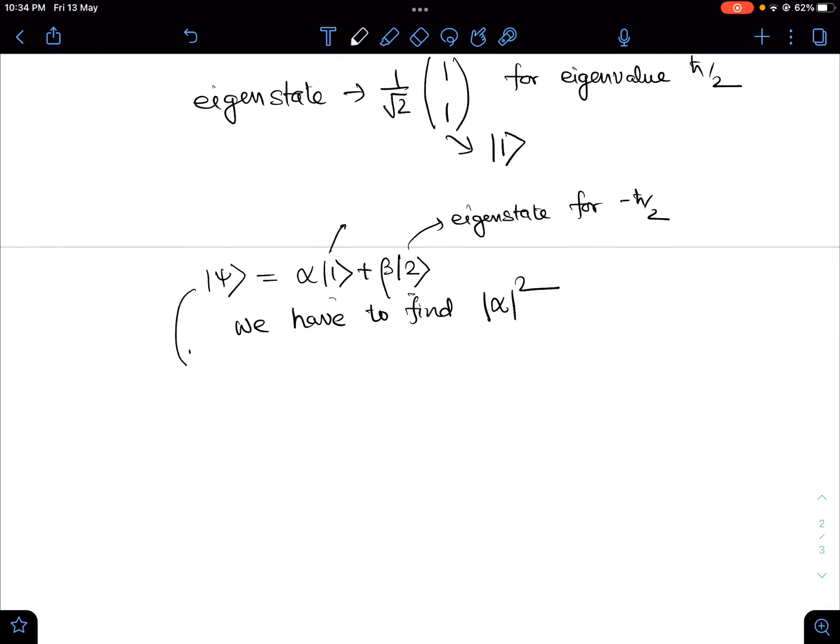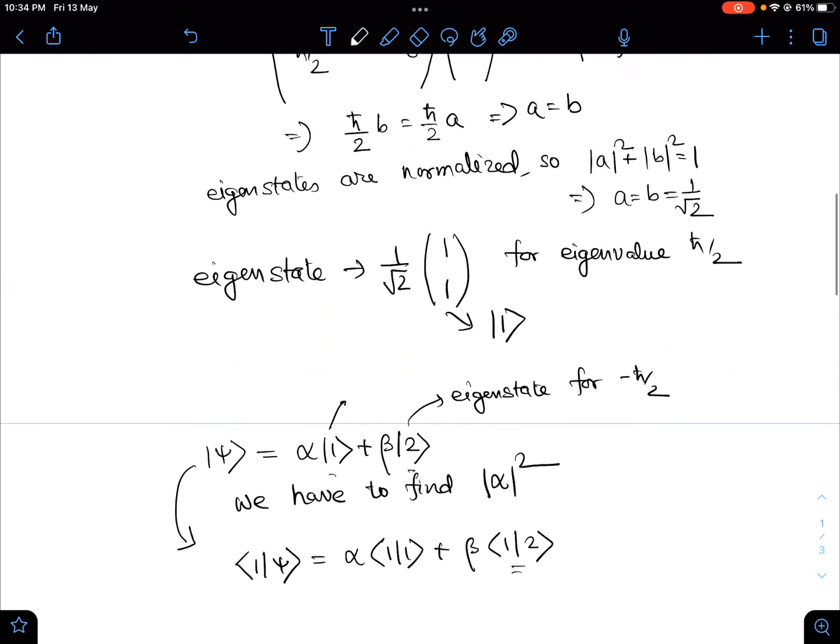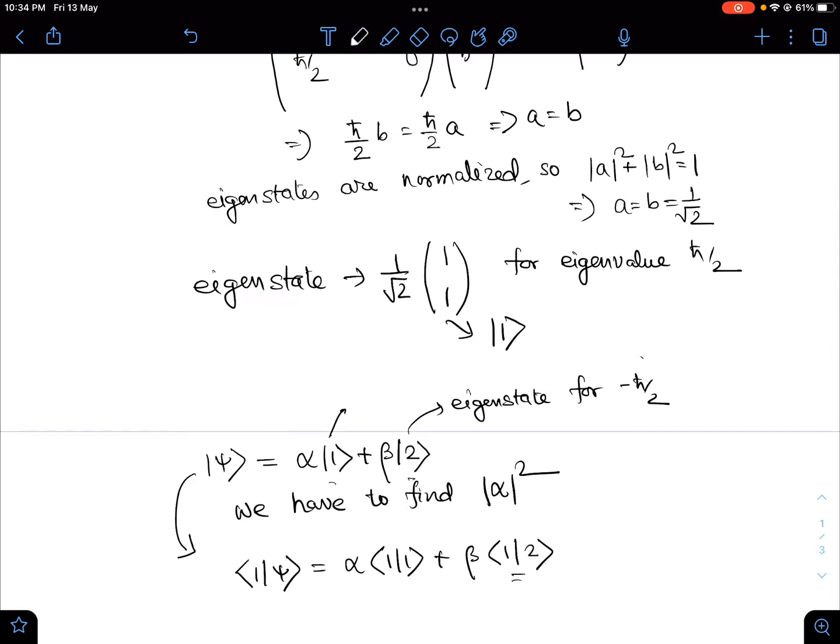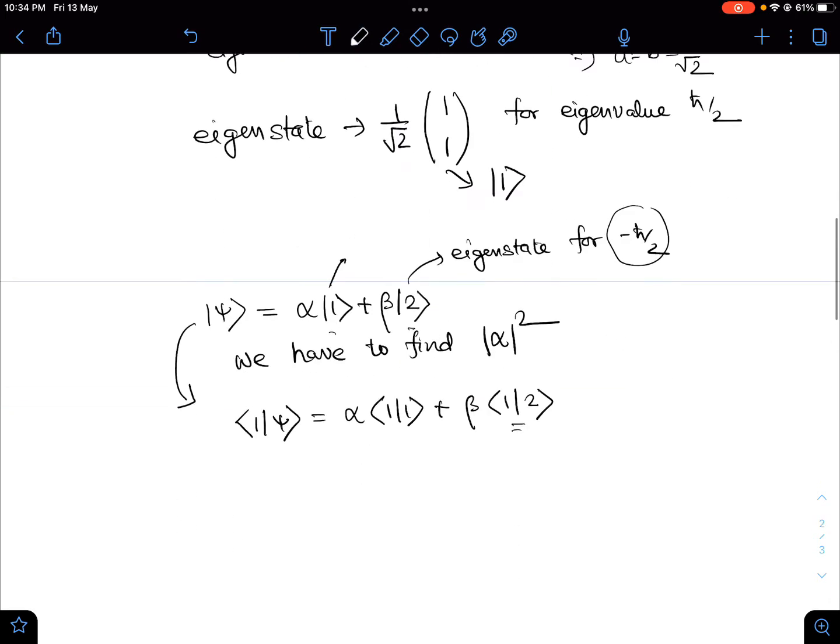So if we multiply this by ket 1, since the eigenvectors are normalized, that you can check, right? You can calculate the eigenstate for this eigenvalue, and you will get this 2, and this term will be 0.